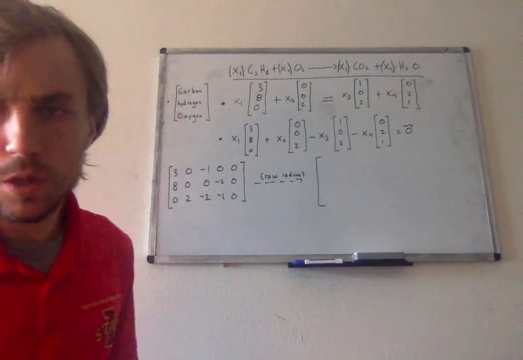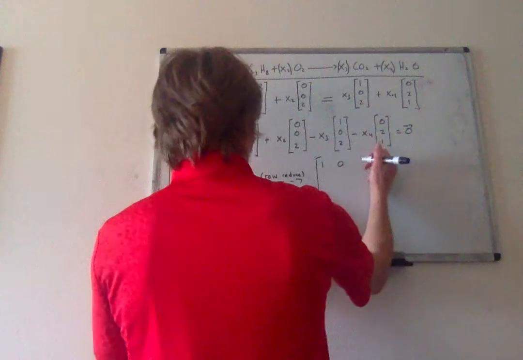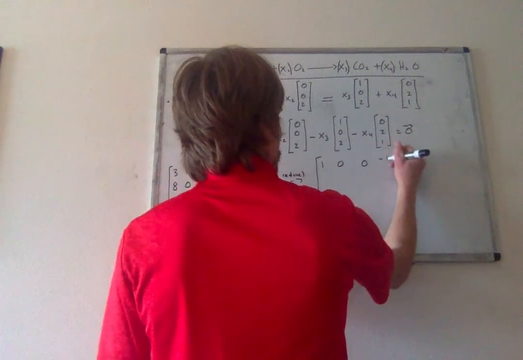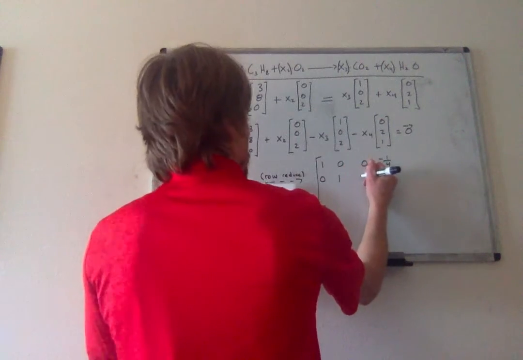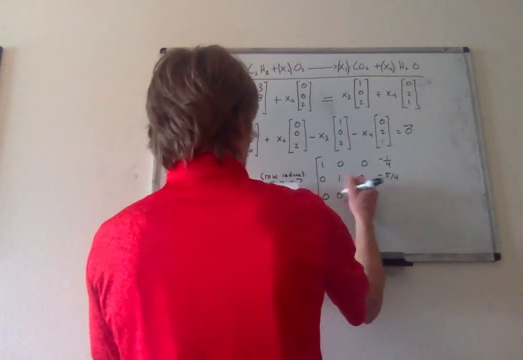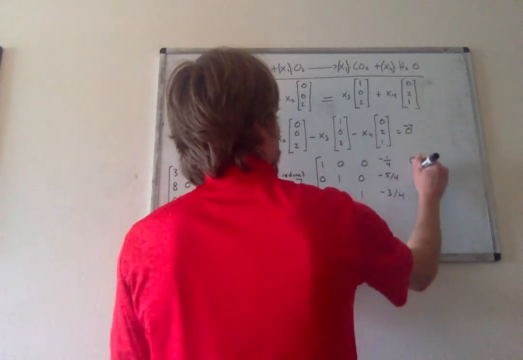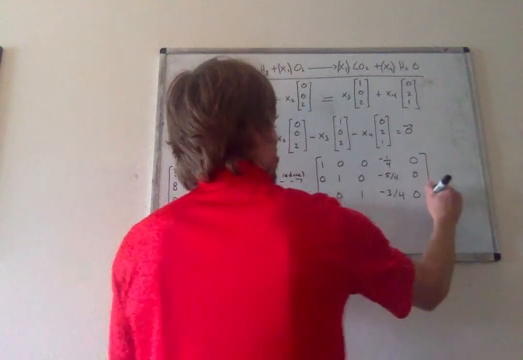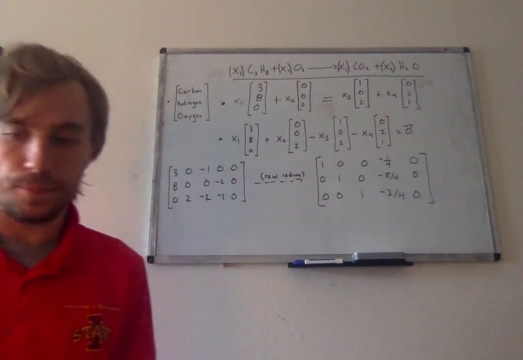But it isn't a horrible row reduction. So when I row reduced to echelon form, so when I row reduced this matrix, this is the matrix I got.